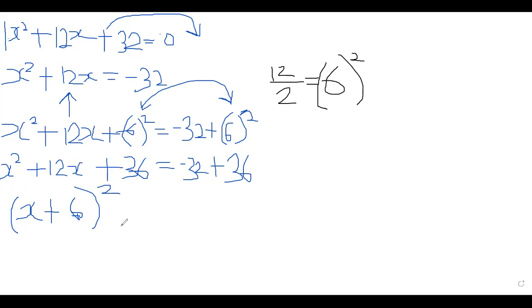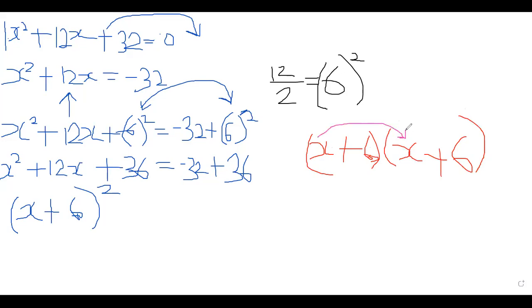If you do a quick mathematics of that, you will see that x plus 6 squared will give you x plus 6 times x plus 6. Let's review that quickly. x times x is what? x squared.